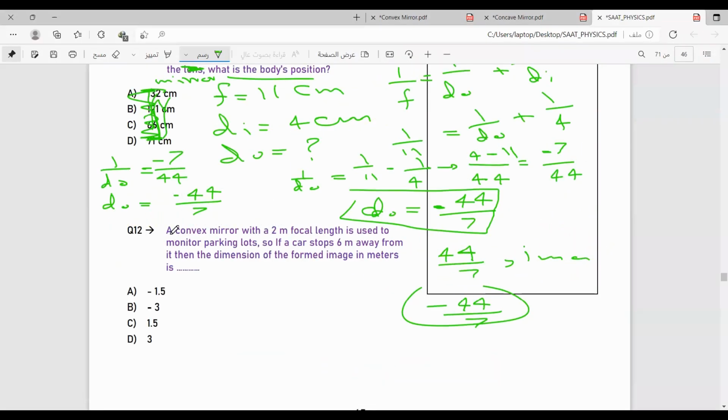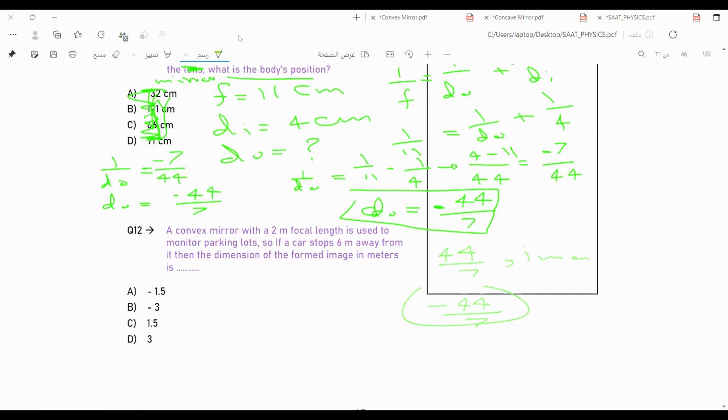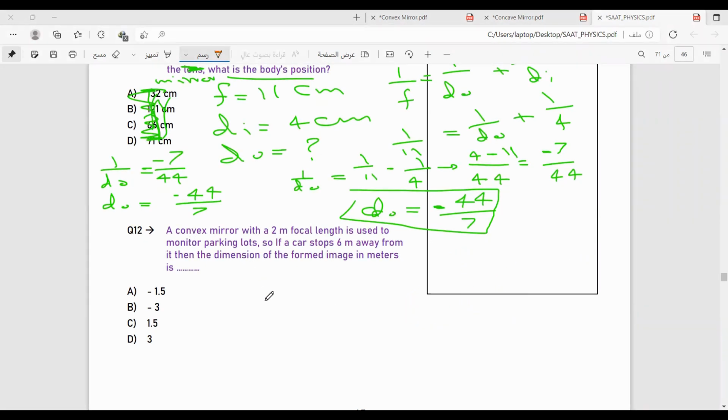Question number 12. A convex mirror. Now we have a convex mirror. What do you think? Will it be real or imaginary?